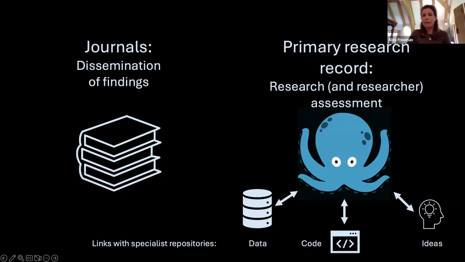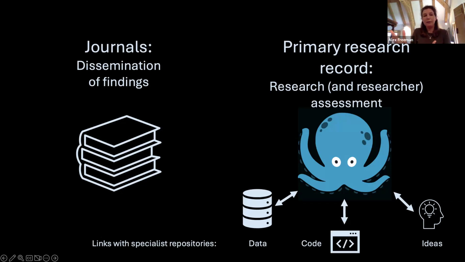And so everything that you do, whether that's your ideas, your analytical code, your data, your protocols, everything that researchers do in their lives might be published in specialist repositories. So you might be using GitHub, you might be using protocols.io, you might be using data repositories, anything like that.